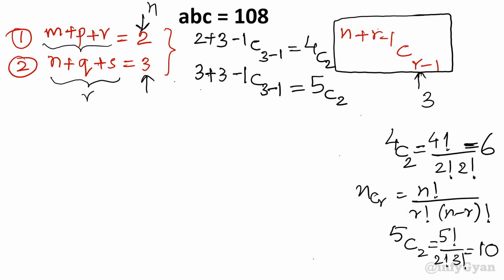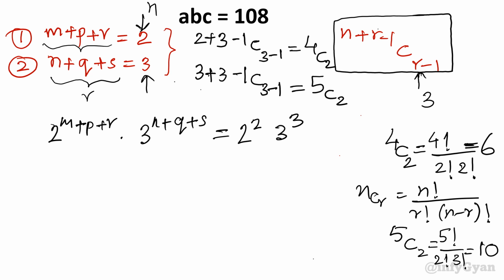So now take the product of our 2 raised to the power m plus p plus r into 3 raised to the power n plus q plus s. That equation was 2 raised to the power 2 into 3 raised to the power 3.